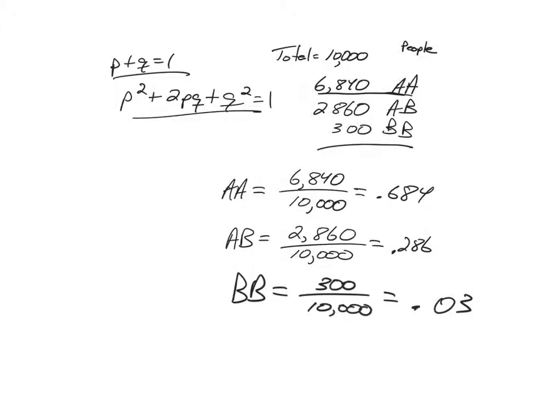What's the frequency of an A allele? So AA, you can pick one, doesn't really matter, but you say, hey, that's p squared. If this is p squared, what's this one? Q squared. And so what's this one? 2pq, right? And they're asking, what's the frequency of the A allele?